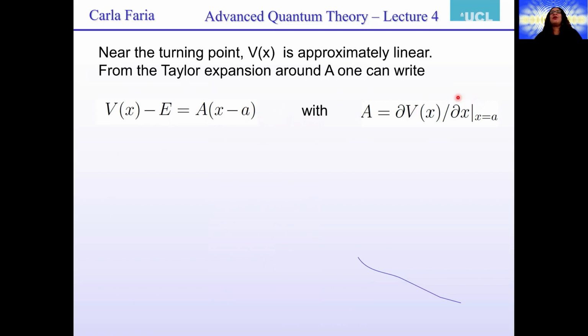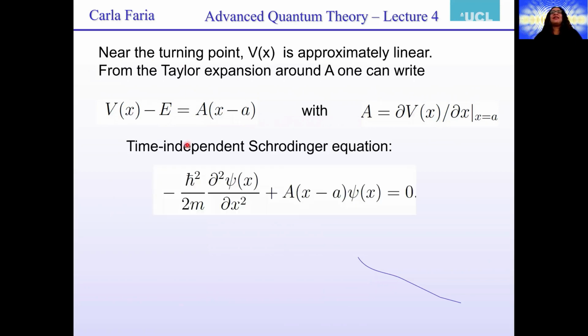And you have this slope, which is dV/dx at the turning point. Fair enough. So this is a constant. And this is an expression that gives you a potential that is linear.